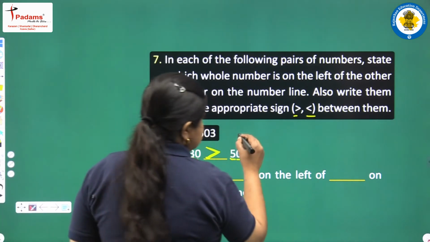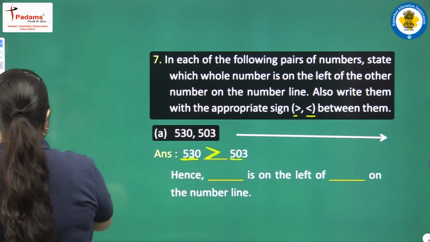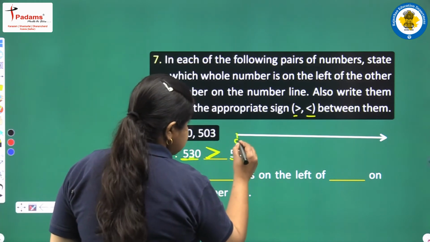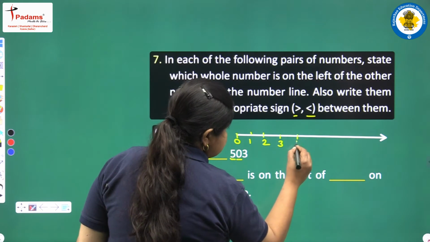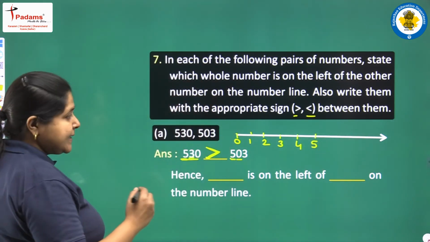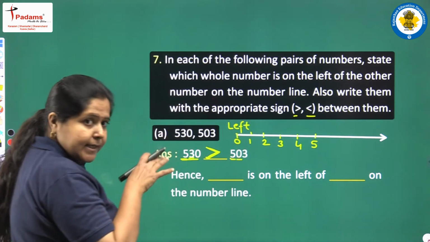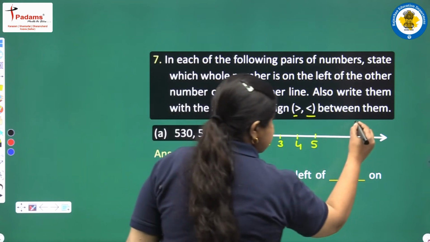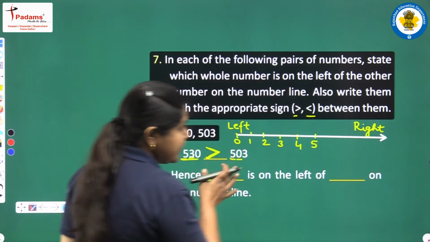We have this number line with us. Let us mark the numbers on it. We started from 0, 1, then 2, then 3, then 4, 5 and so on. What do we see? That at the left hand corner the numbers are smaller, and to the right as we move on the numbers increase.